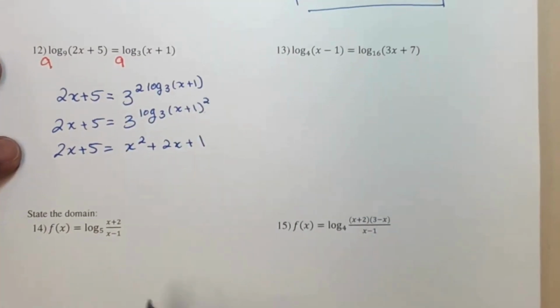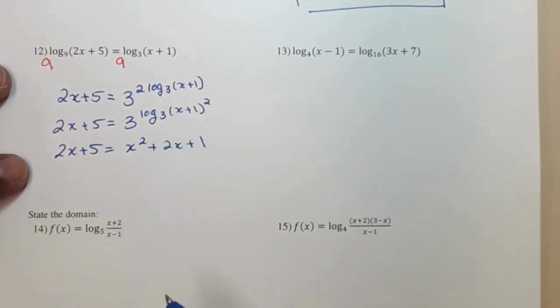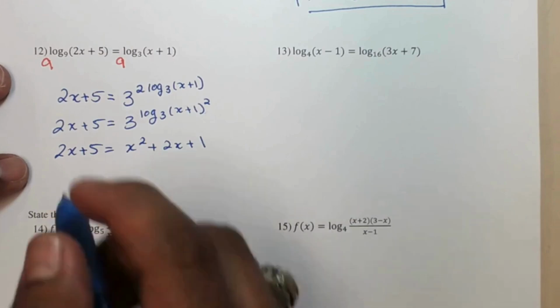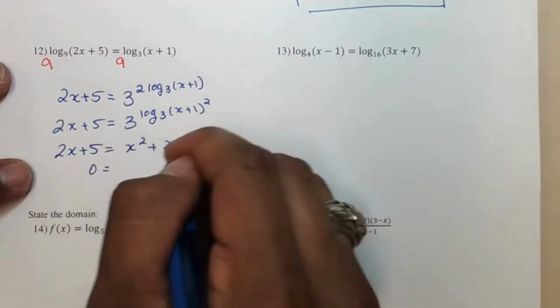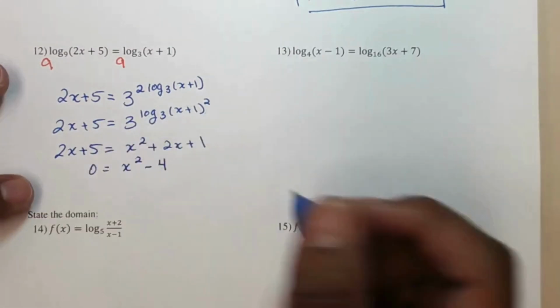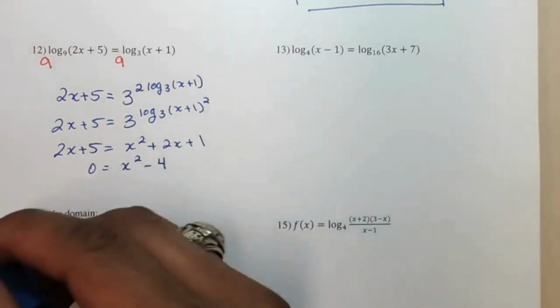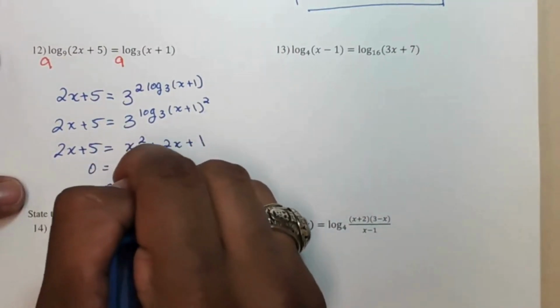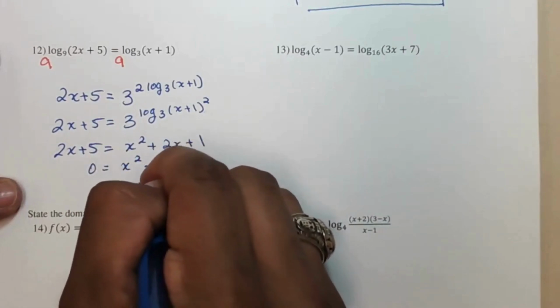I've been doing a lot of foiling with all our classes and still having people messing that up and telling me it's x squared plus 1. So I'm going to move everything to one side, and we end up getting x squared minus 4. You can factor it, solve it, move the 4 over, and you end up getting that x is plus or minus 2.